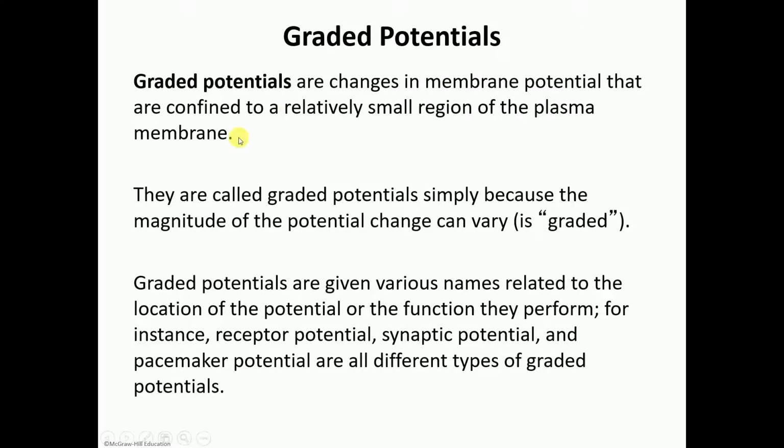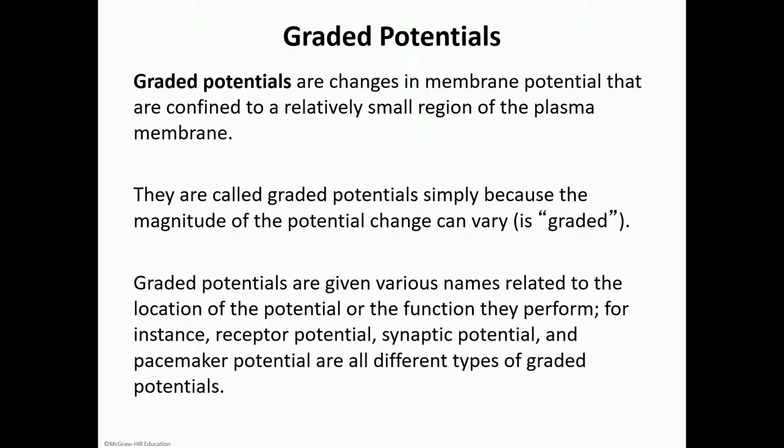Graded potentials are changes in your membrane potential that are confined to a small part of the plasma membrane. So they are localized, they may spread or they may not. If they do spread, that means that it switched from a graded potential to an action potential. There is a threshold. If the membrane potential changes from -70 to -55, that is your threshold.